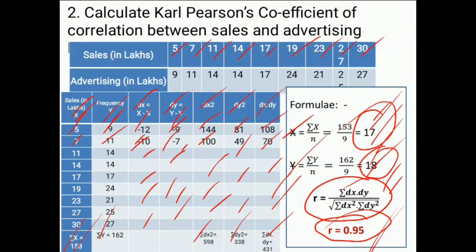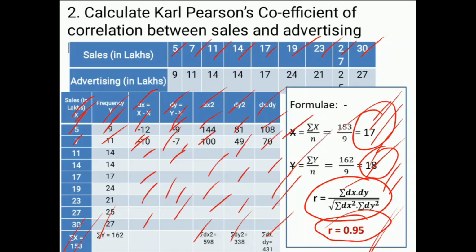That is again positive, plus 0.95. You may get a negative value also. Positive means there is a relationship between sales and advertisement which is positive in nature. That is why the answer you are getting is positive.